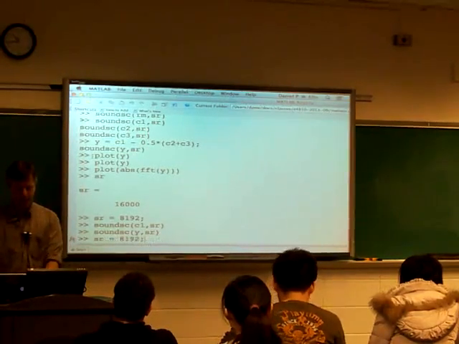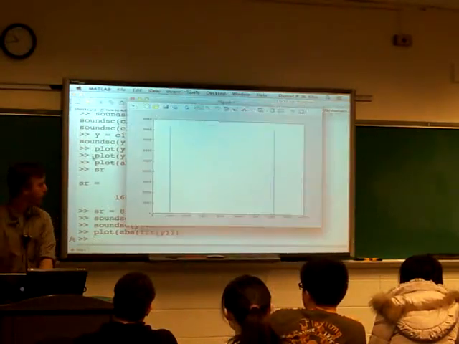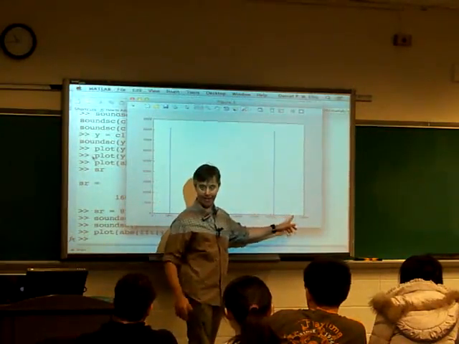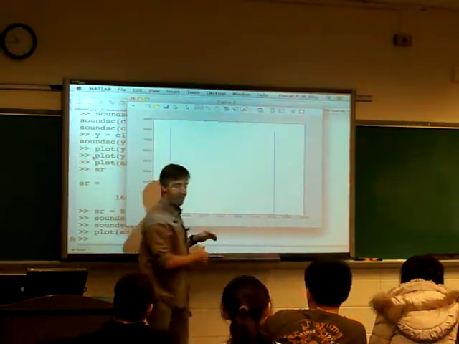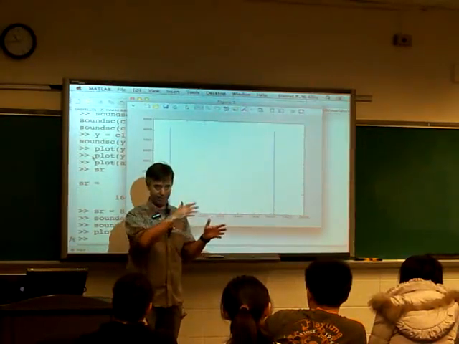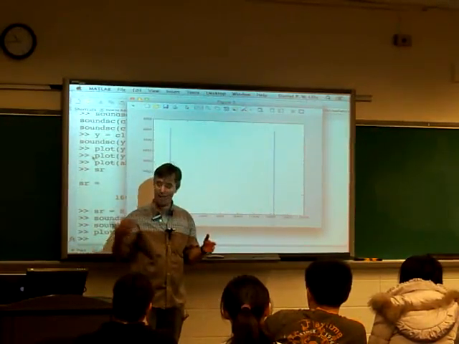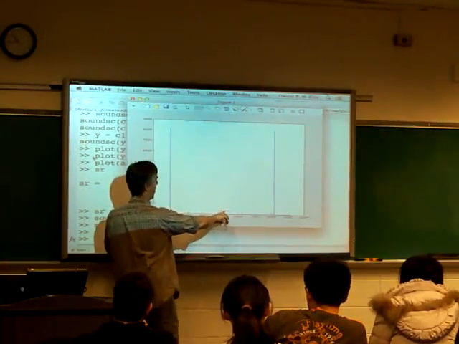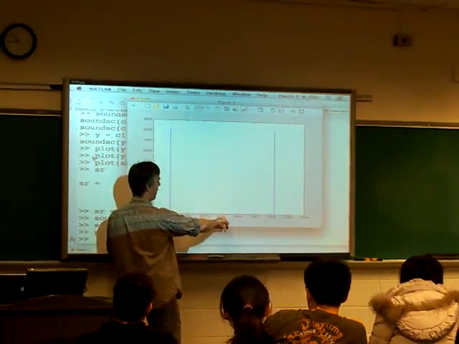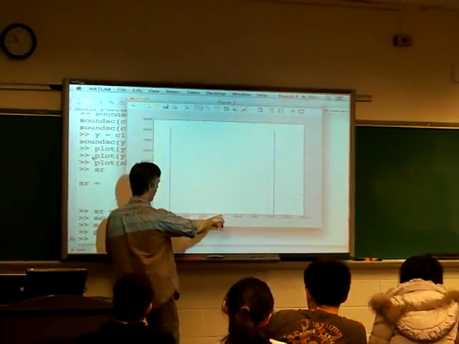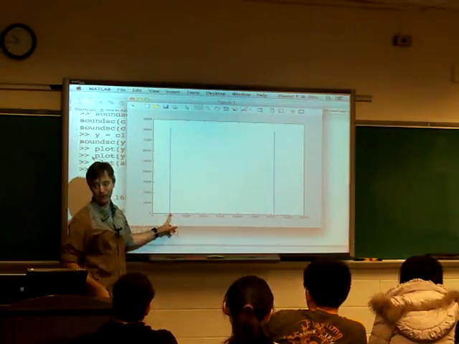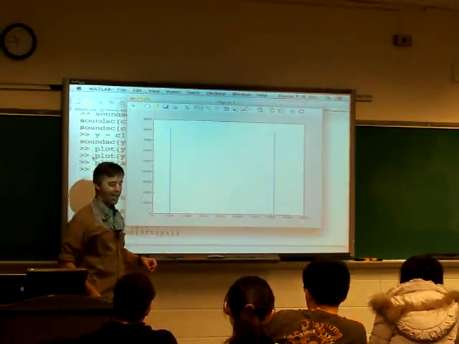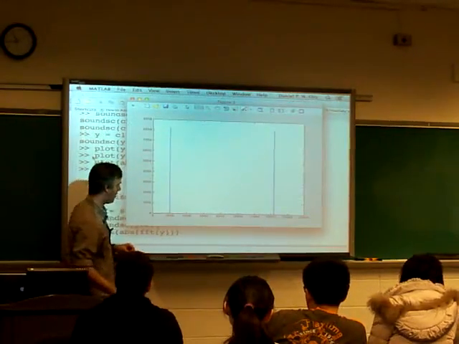Now, when we plot the FFT, this is actually 8 kilohertz, or 8192, because this is the full DFT from 0 to k, so it goes all the way from 0 to 2 pi, and 2 pi corresponds to the sampling rate. So this here, the Nyquist limit, is 4 kilohertz. The 8,000th point is 4,000 hertz, and so now this 2,000th point is 1,000 hertz, which is what we designed it to be.